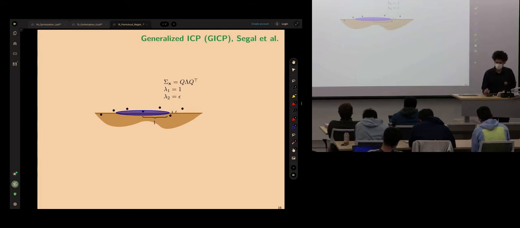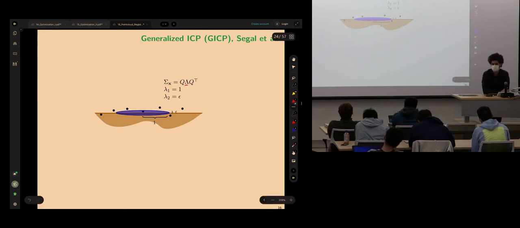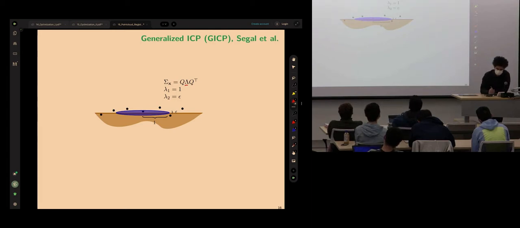So, do the eigen decomposition for the covariance. This is a 3x3 diagonal matrix of eigenvalues. And set the covariance that corresponds to the normal direction to a very small value. For example, 1e-3, 1e-6.